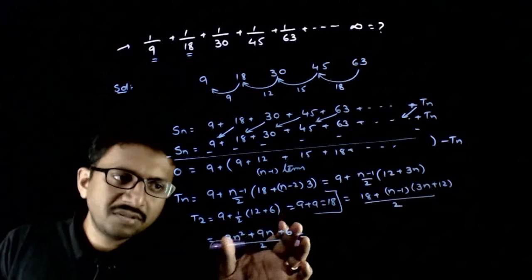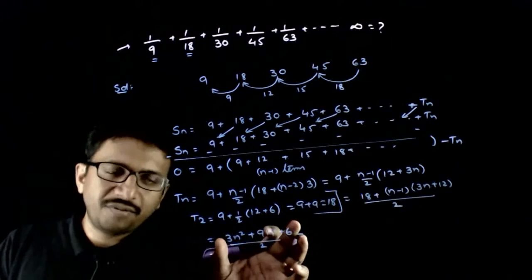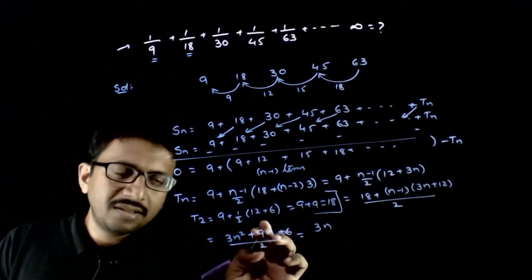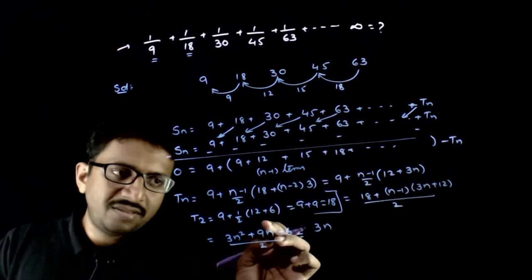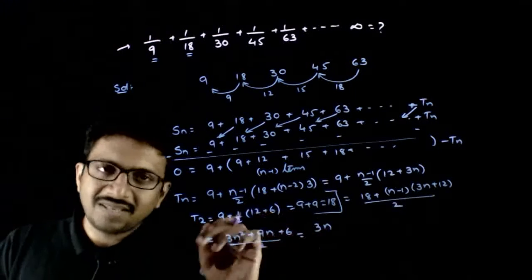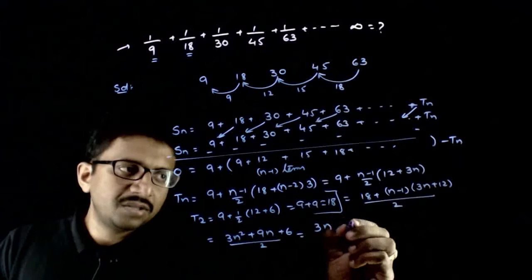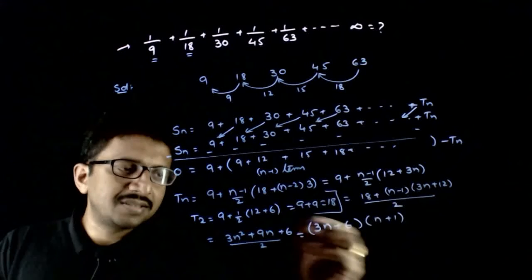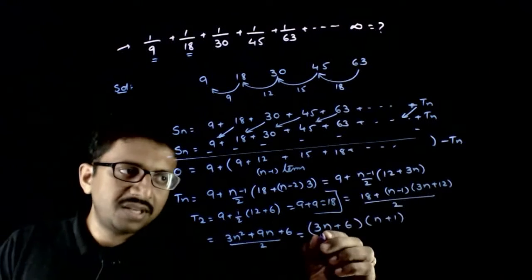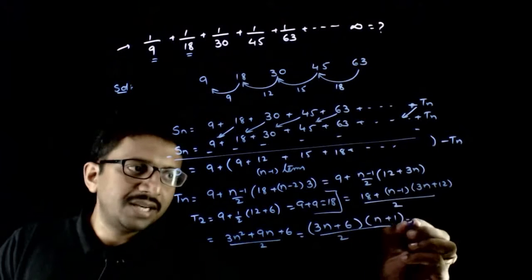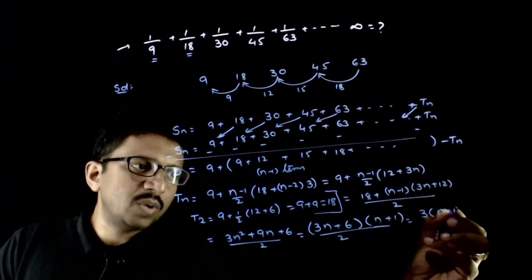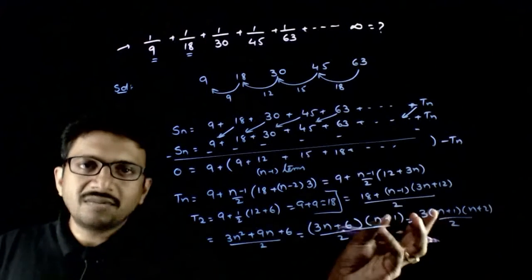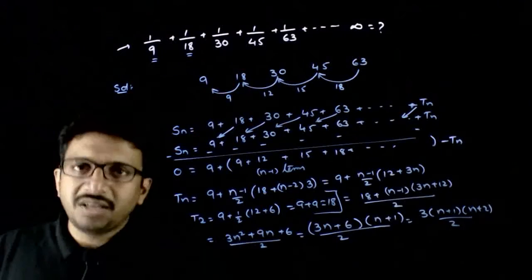If you try to factorize 3n square plus 9n plus 6, it can be written with 3n plus 6n, so you have n plus 1 times 3n plus 6 by 2, that is equal to 3 times n plus 1 into n plus 2 by 2. So this is the value of the denominator of these terms.